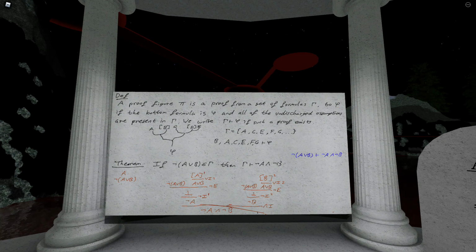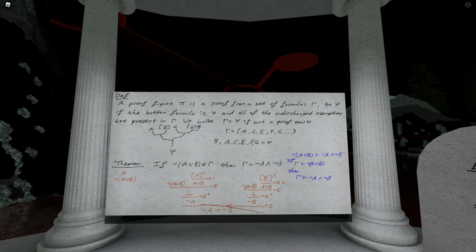Another way I could have stated this is that if gamma proves not A or B, then gamma proves not A and not B. And what would be slightly different here is this proof alone isn't an immediate witness to that claim.